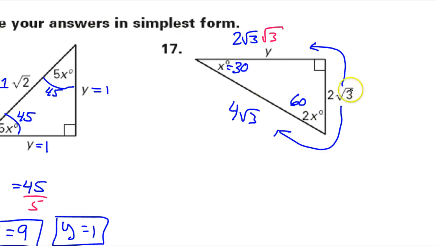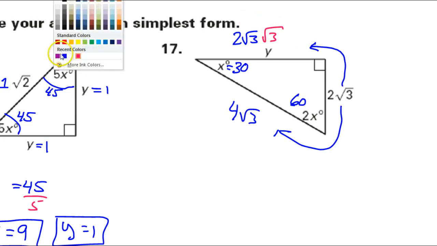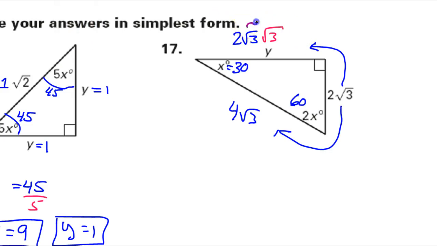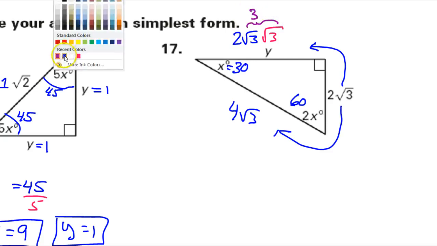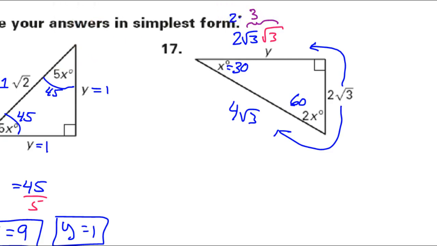By now we have learned that radical 3 times radical 3 is 3. That leaves us with 2 times 3, which is 6. So that's why y is equal to 6. So y is 6 and x is 30.